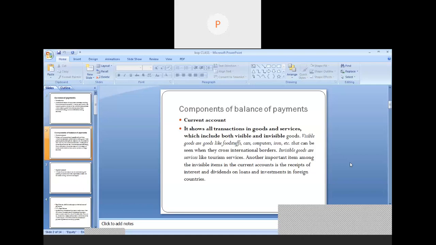Ma'am, for example, some Bangladeshi businessman doing business with India has some money deposited in UAE, Dubai, for some tax benefit. Is this also called balance of payment?